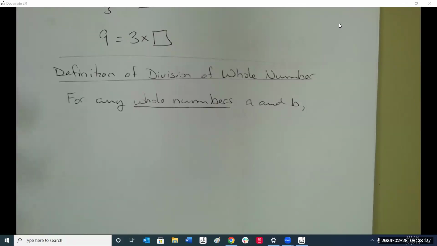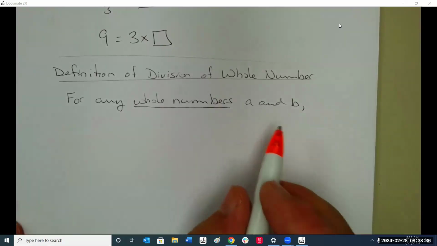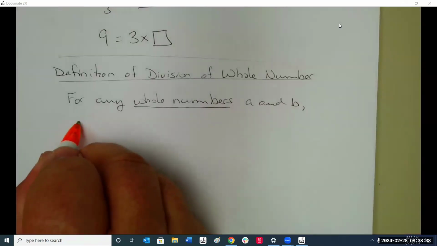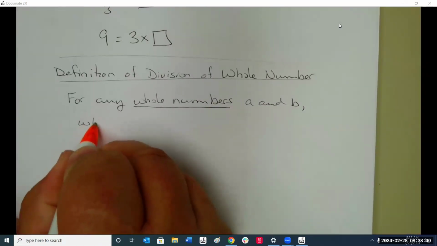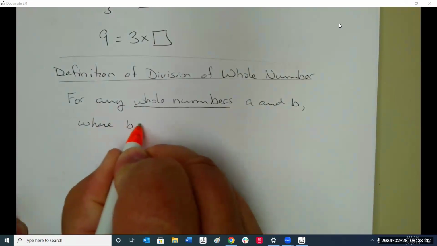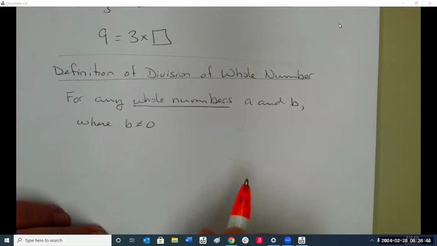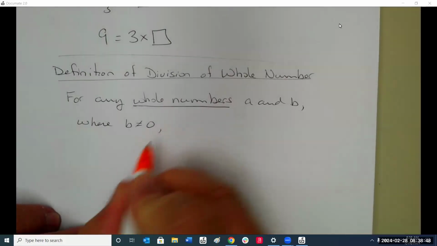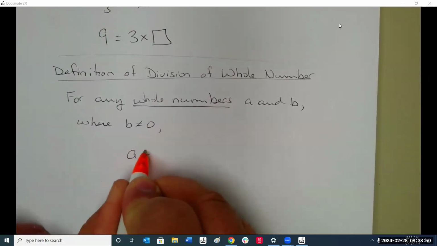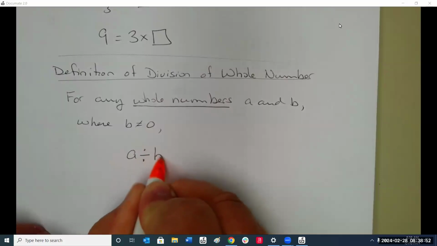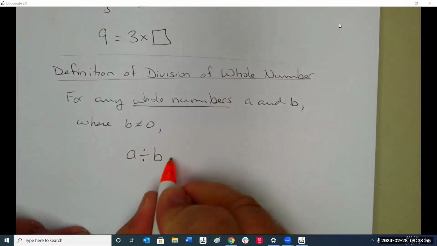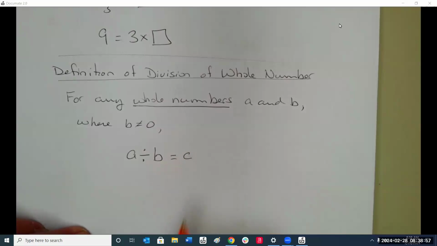Again, what are whole numbers? Zero to infinity, right? So for any whole numbers A and B, where B does not equal 0, this will be important in a second, A divided by B equals C.